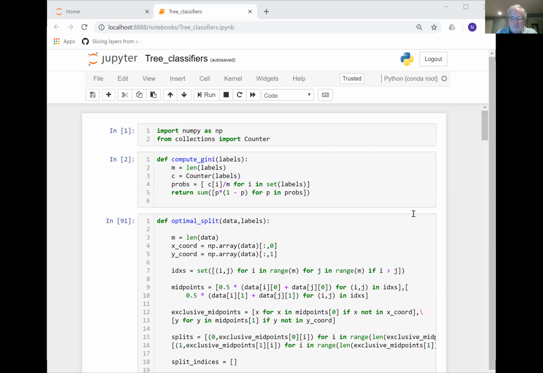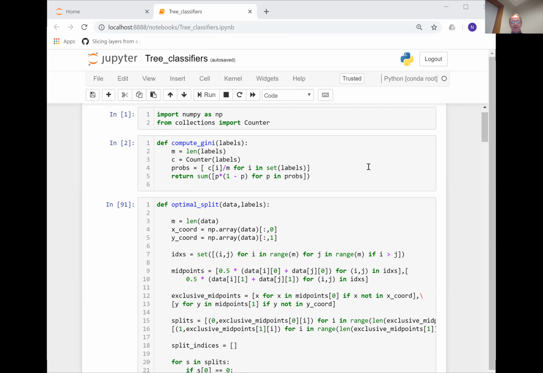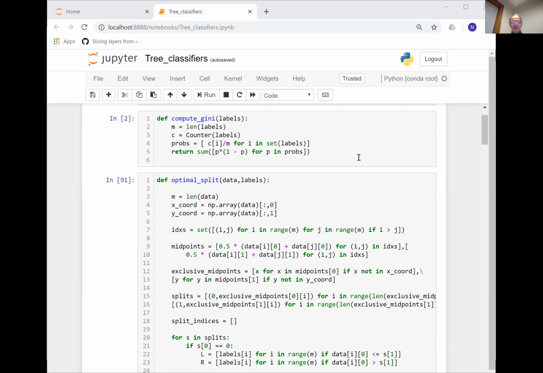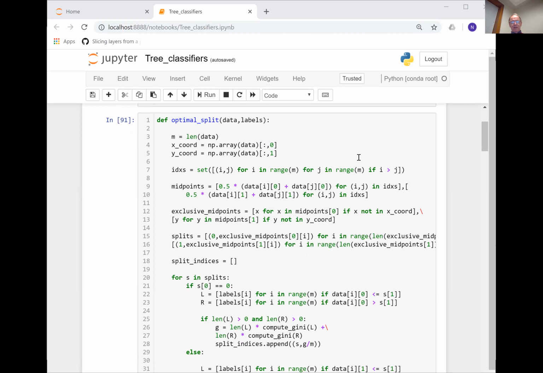Here's the code that first computes the Gini index, and then here's a little function to compute the optimal split.